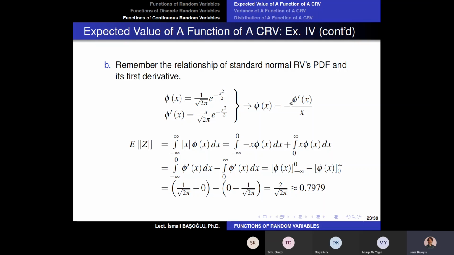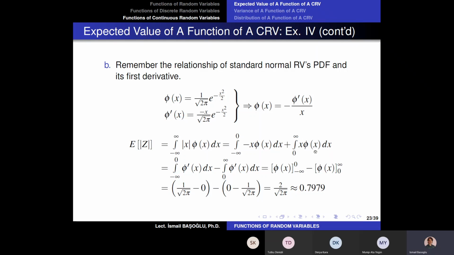So the first derivative of the PDF is equal to -x times the PDF itself. As you can see, we have -x times the PDF here, so that integrand is the same as the first derivative of the PDF. And here we have x times phi(x), not negative, but x times phi(x).